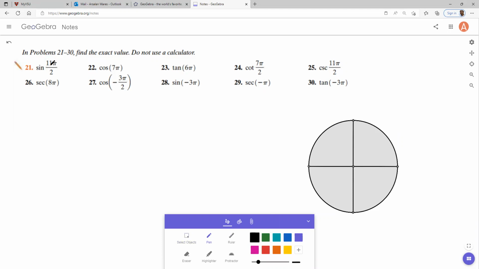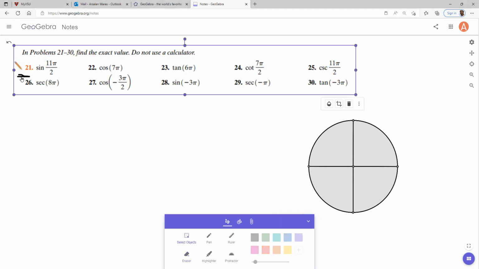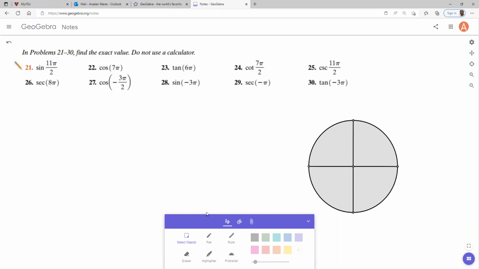So 11 pi over 2. Now, I'm doing 21, okay? Let's work on 21.